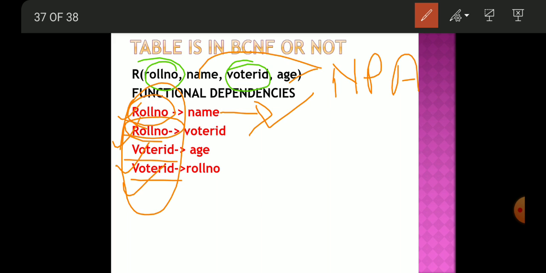So if you like that method, you can check from second normal form or first normal form, then come up to BCNF. Or if you are comfortable proceeding from BCNF to lower normal forms, you can proceed that way also, right? But the easiest one is from BCNF to lower normal form. Okay, that's all. Thank you.